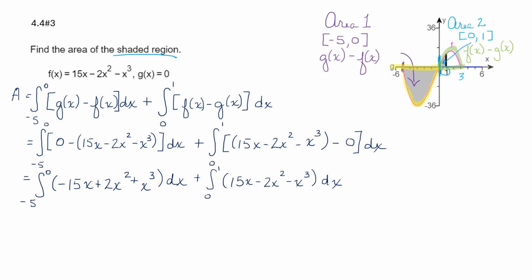Okay, so now we're going to do our integration. I'm going to go ahead and change colors because we're kind of changing gears. So we're going to be integrating this.